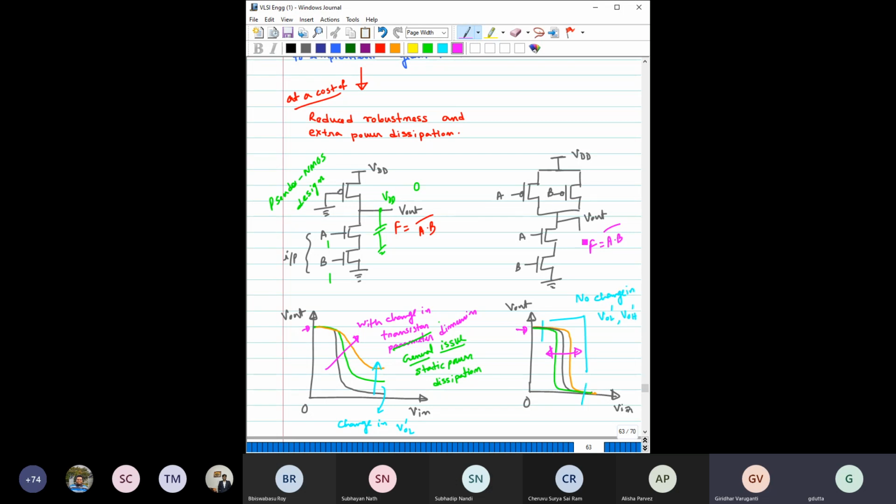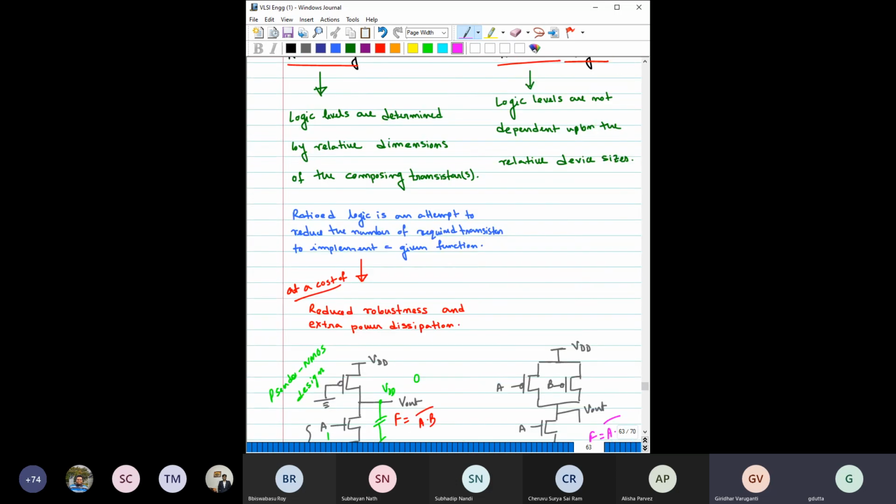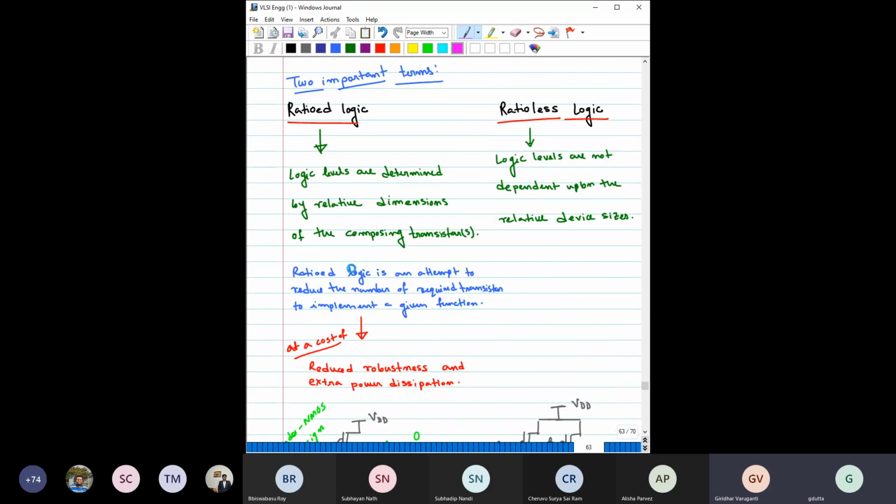This type of design, where the peak output voltages do not depend on the transistor sizing, is called ratioless logic, meaning the output voltages are not dependent on the ratio of these transistors. But the type of design where the output voltage does depend on the ratio of PMOS width and NMOS width is called ratioed design.